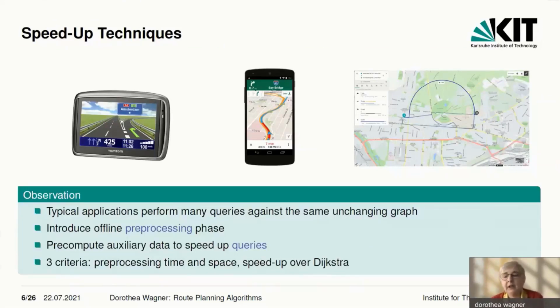Well, the typical applications perform many queries against the same unchanging network or graph. So the scenarios we look at are a street network or timetable, and many queries need to be answered within very short time, queries for best connections, while the underlying road network or timetable doesn't change.